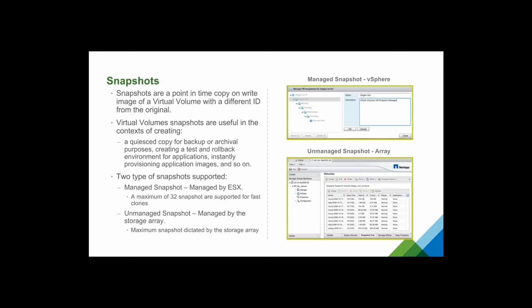Contrast this with unmanaged snapshots. These are ones that the storage administrator can take of a vVol. In this case, the snapshots are something that the storage administrator can manage, but unless you actually revert to one of them, there's not a way to expose those to vSphere.